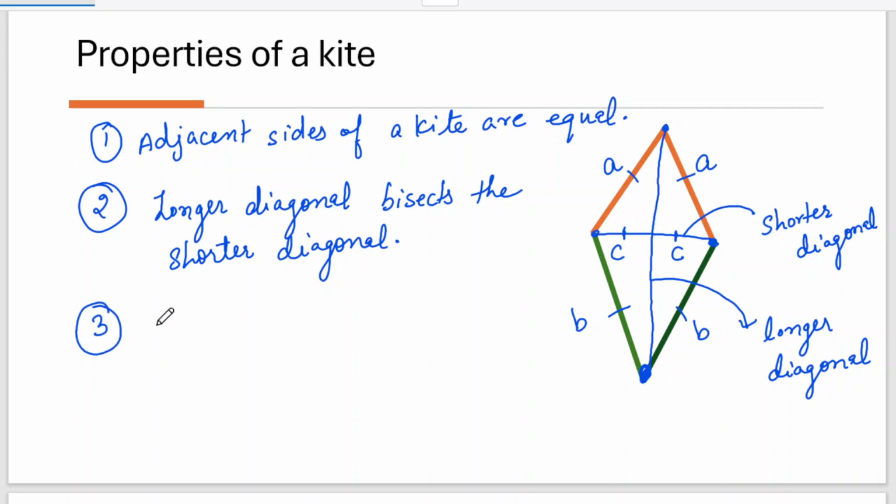Now the third thing is, the longer diagonal bisects the shorter diagonal at 90 degrees. That means they are making 90 degrees with each other.